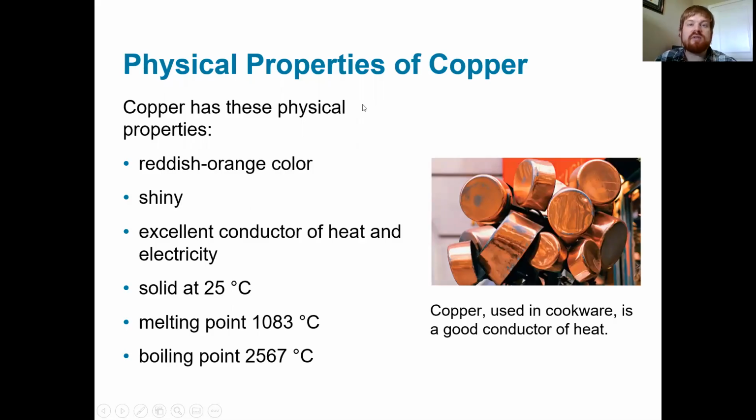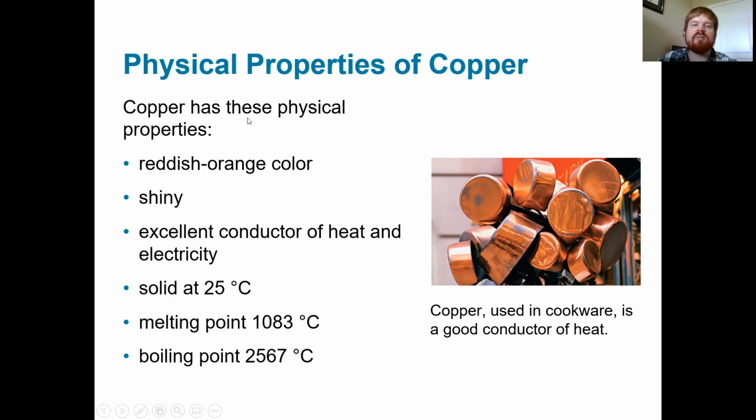So let's give some examples of physical properties by looking at copper. Hopefully we've seen copper pans before. We can think of a fresh penny as copper on the outside. To describe copper, you would say the color is reddish orange. That's a physical property. It's shiny like a metal.